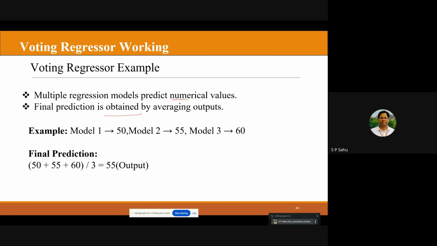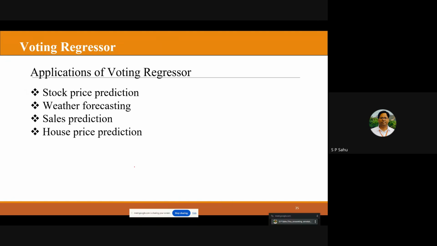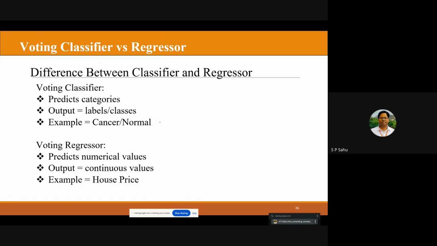The final prediction will be by averaging the values. Applications for the voting regressor: stock, weather forecasting, sales, house price prediction, and so on.